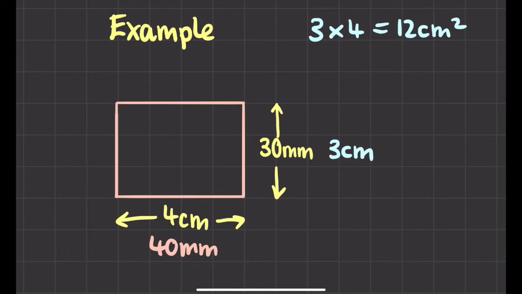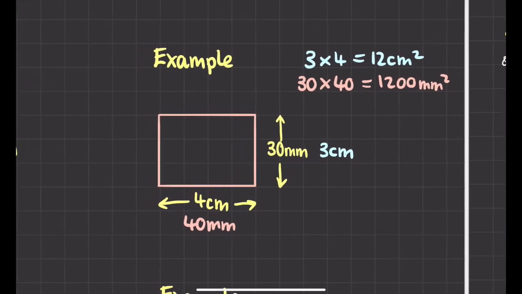And if I did 30 millimeters multiplied by 40 millimeters, I would get out an answer of what? 1,200 millimeters squared.